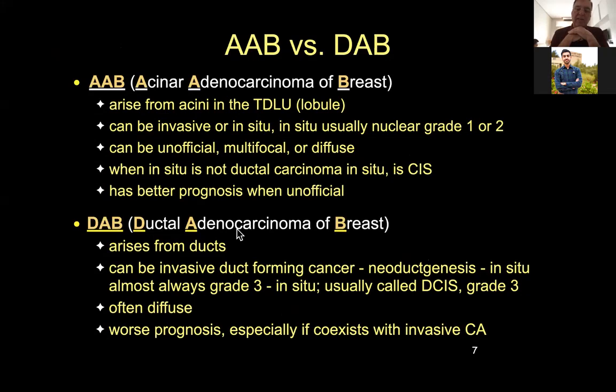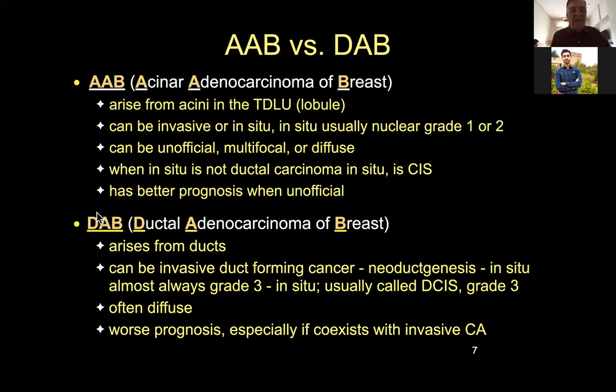They might be invasive or they might be in situ. They can be unifocal, multifocal, or diffuse. And when it is in situ, it's not really ductal carcinoma in situ because it's not starting in the duct, it's starting in an acinus. So it could be called carcinoma in situ, CIS, but it's improper to call it DCIS because it's not arising in the ducts. These generally have better prognosis when unifocal.